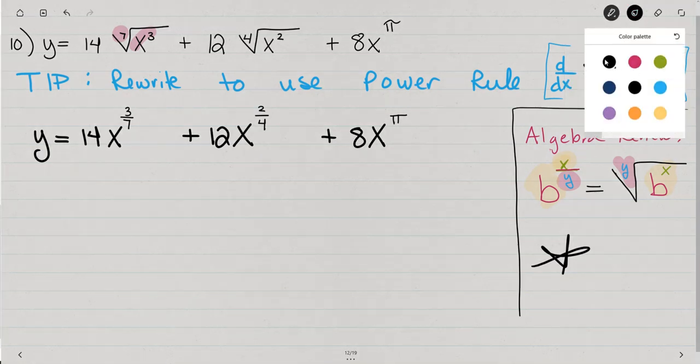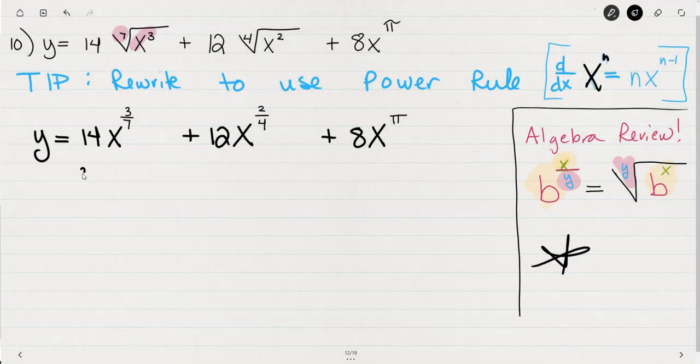When I apply the power rule, I have 3/7 times 14. I'm going to write that 14 over 1. X to the 3/7 minus 1. I'm going to write it 3/7 minus 7/7 plus 12 over 1 times, now 2 over 4, I could write it as 1/2, right?